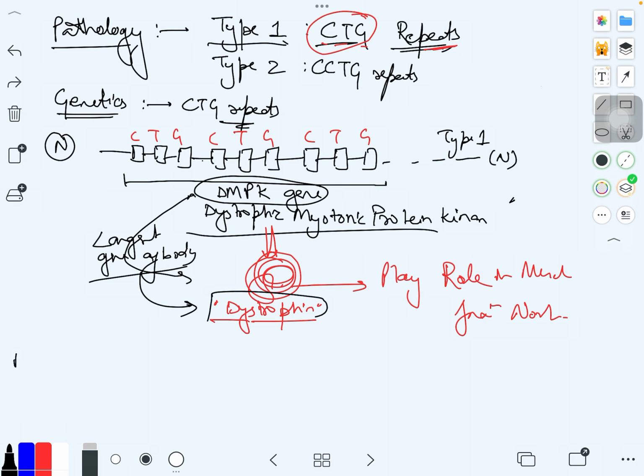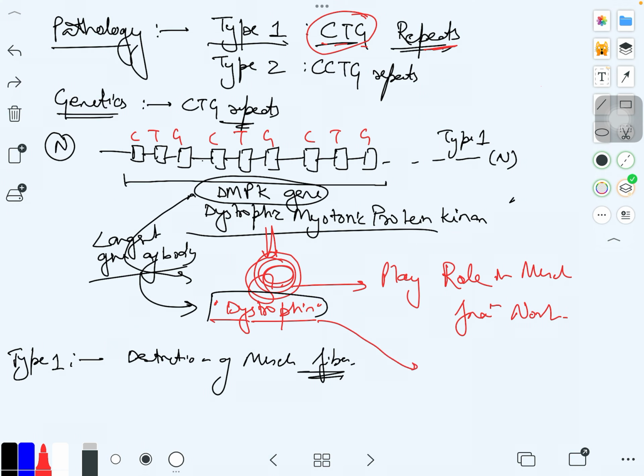in case of pathology of, let's say, type 1, there will be abnormal protein formation, and because of this there will be destruction of muscle fibers. So what is the important function of dystrophin over here?